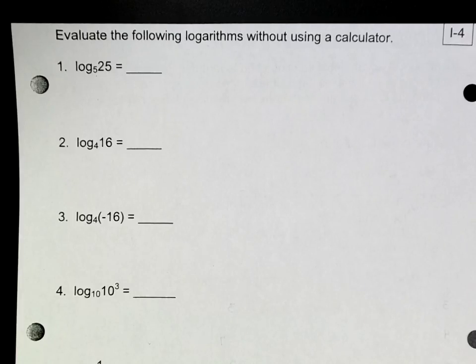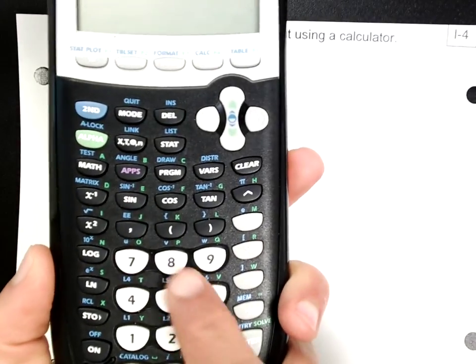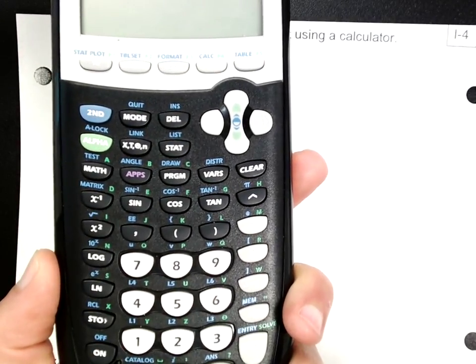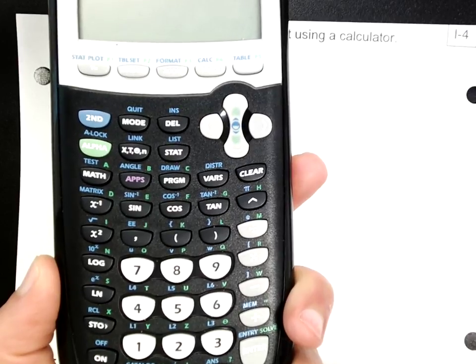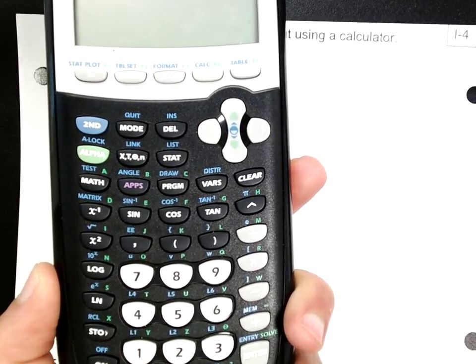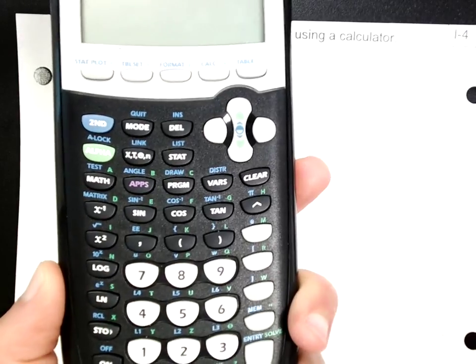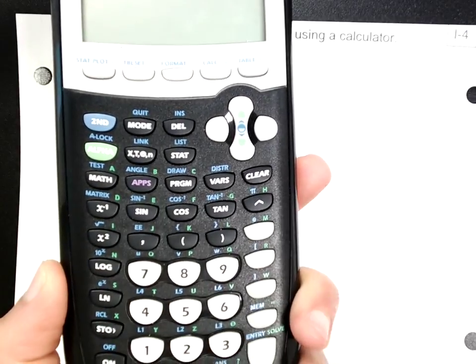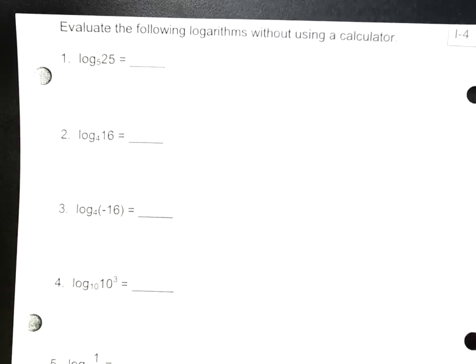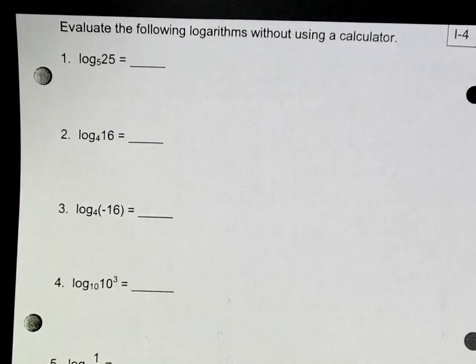By the way, before you get too far ahead of yourself, this logarithm here is not the same as what you're seeing in most of these. If you try to cheat, for lack of a better word, and press log, it's just not going to be the same. This is actually a log base 10, which I'm not going to get into right now. So I don't care even if you use the calculator if you can't figure it out.